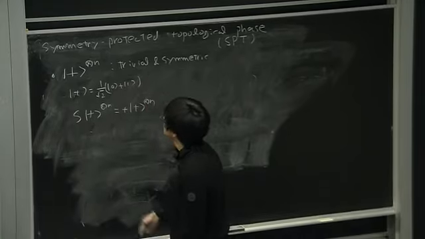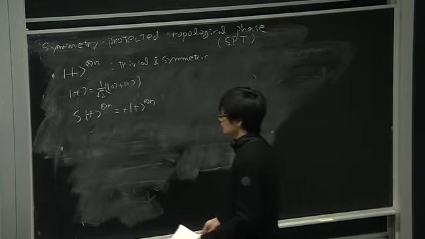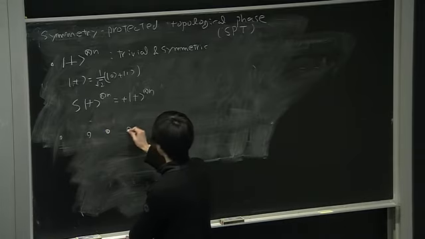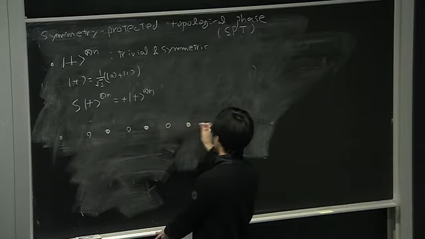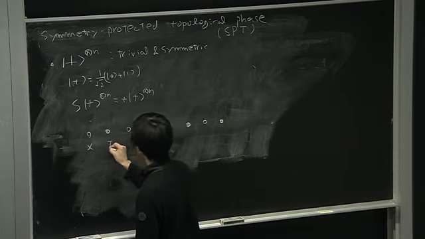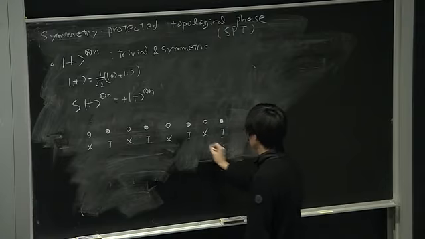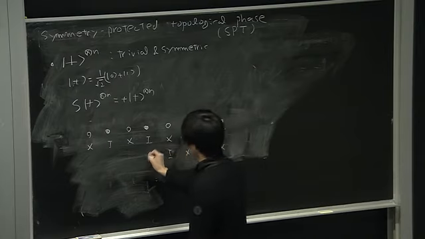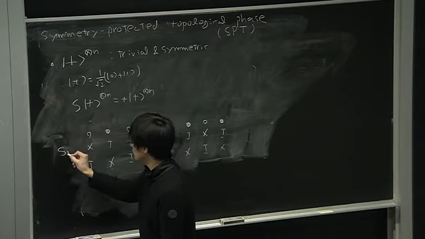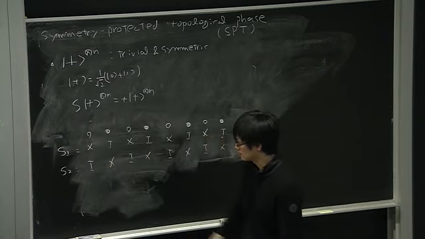Now it turns out in one spatial dimension, you have to consider a system which is bipartite, and need to think about a pair of symmetry operators S1 and S2. S1 acts on the odd sites and S2 acts on the even sites.